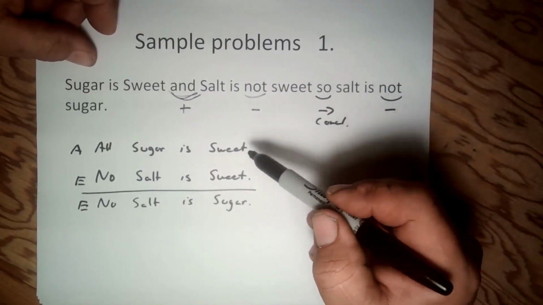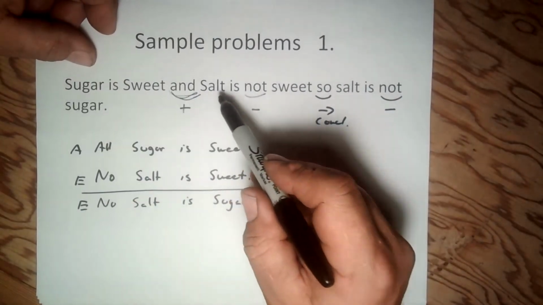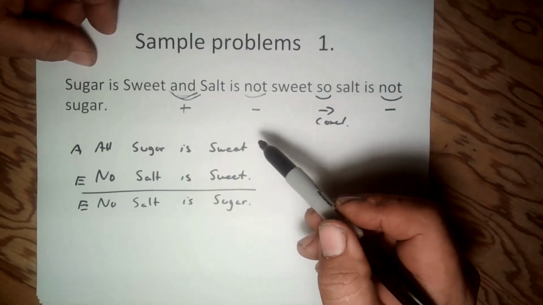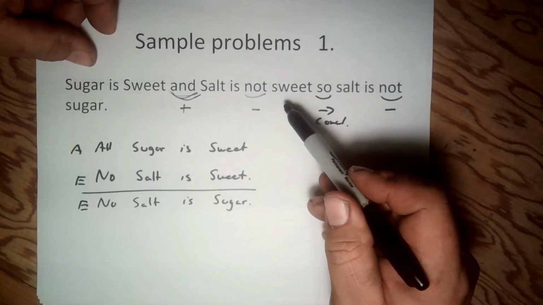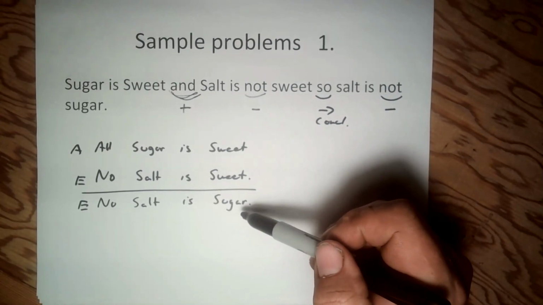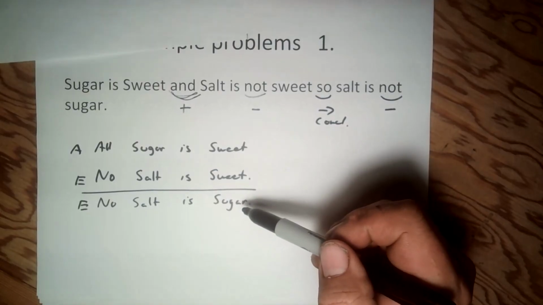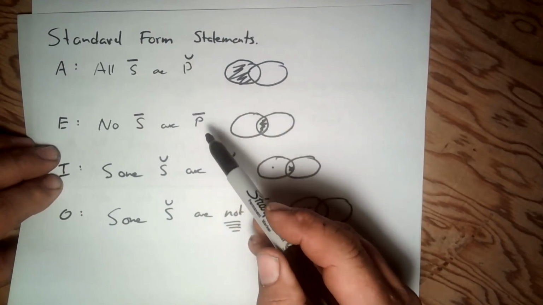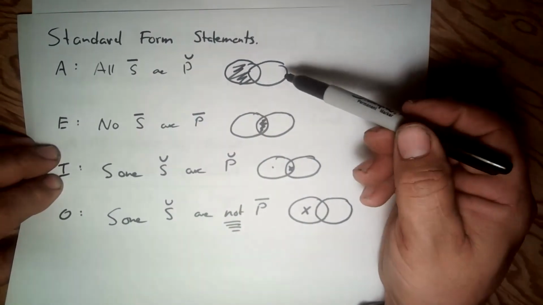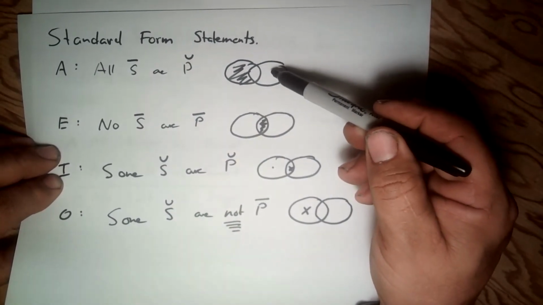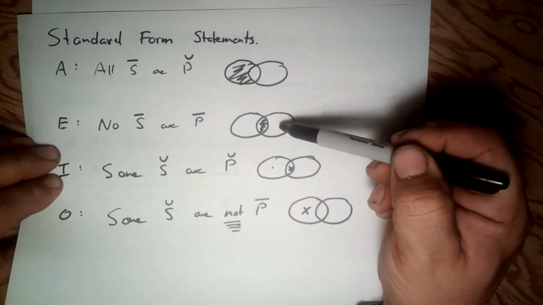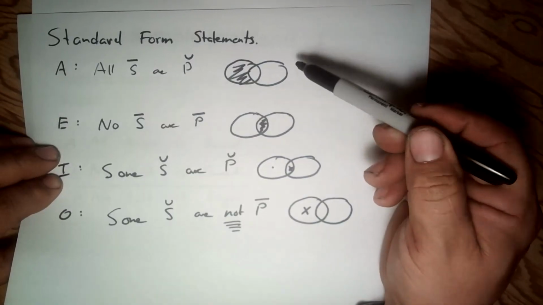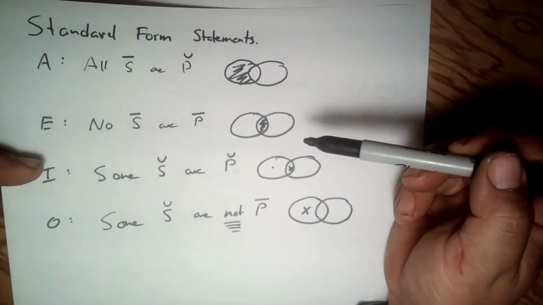And it never hurts to go back and check. Do I think I've got the intent of the original argument? Yeah, that looks pretty good. So now we might remind ourselves we've got an A form statement and two E form statements. So we're going to essentially draw this once, and then our conclusion should look like this one.